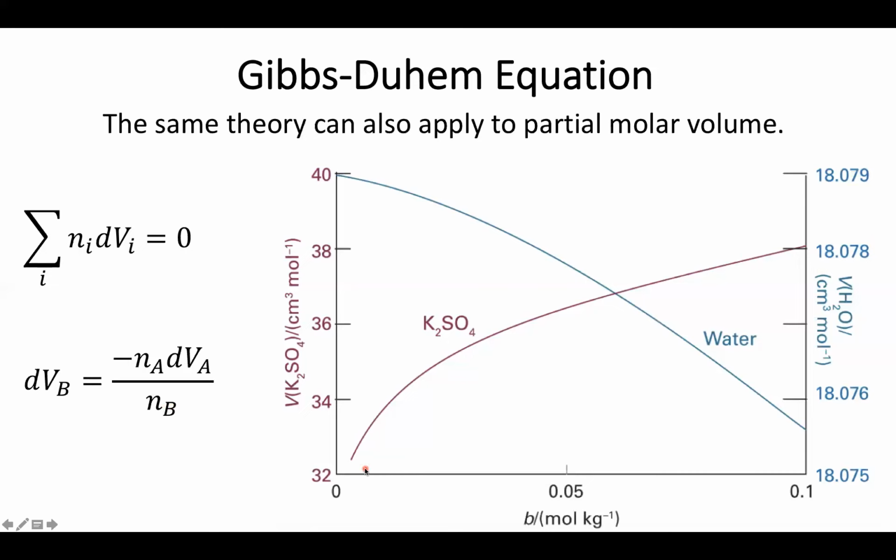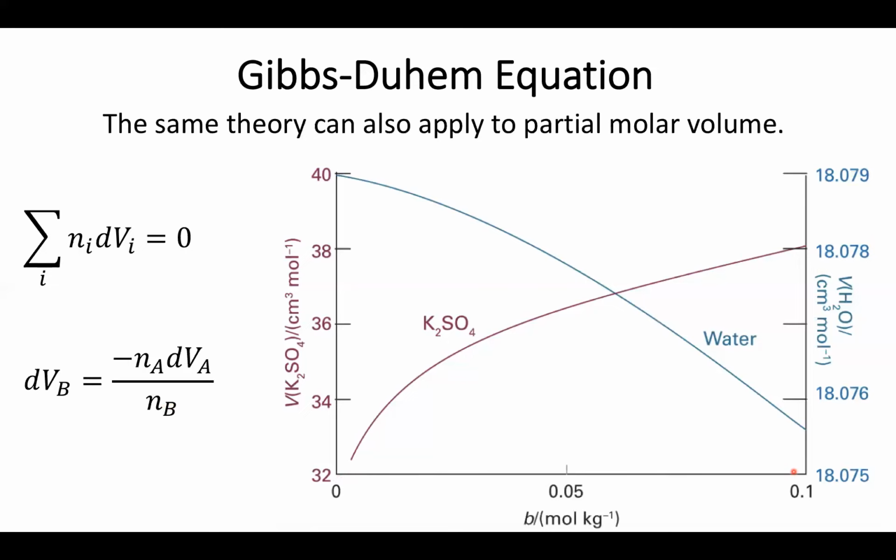Similarly, one of the things I would like to illustrate is exactly what sort of magnitude we're talking about with this molality of potassium sulfate on the x-axis, as we're going from about 0 to 0.1.